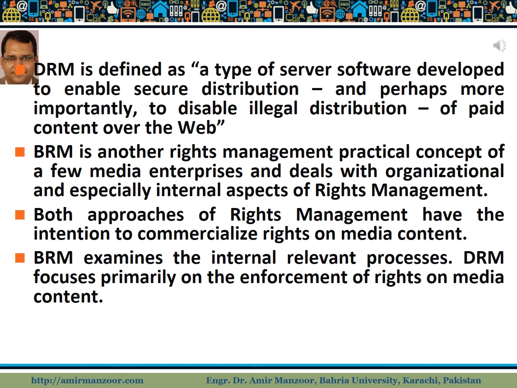And the fourth element is accounting, which could possibly be supported by rights expression languages. Some DRM systems provide some of these functional elements, for example, Microsoft Windows Media Rights Manager, Open Intellectual Property Management and Protection, Real Networks Helix DRM, or IBM Electronic Media Management System.